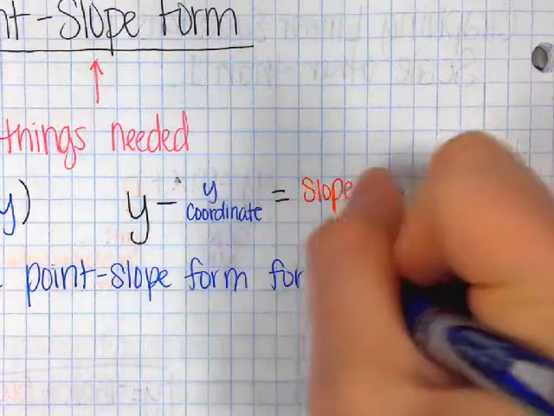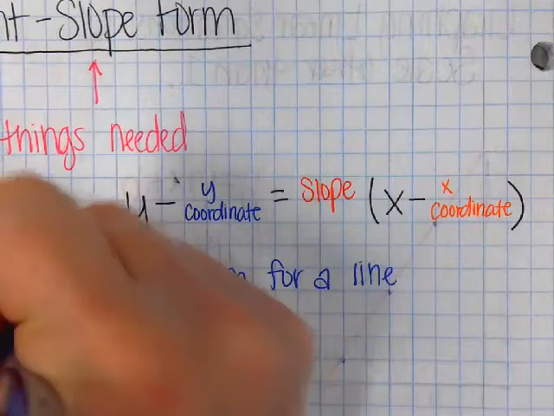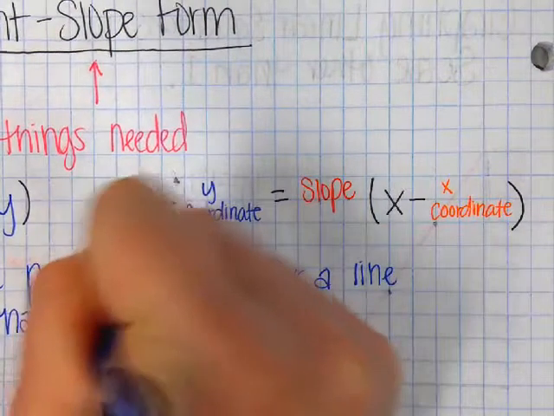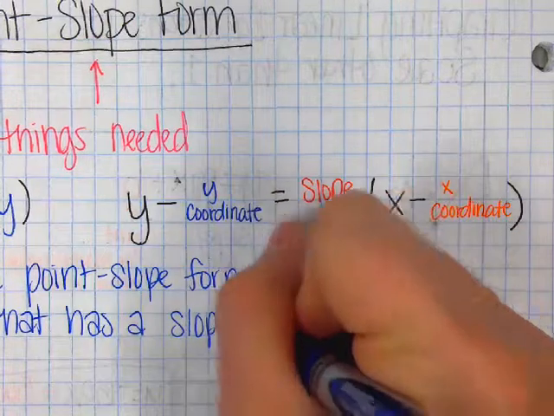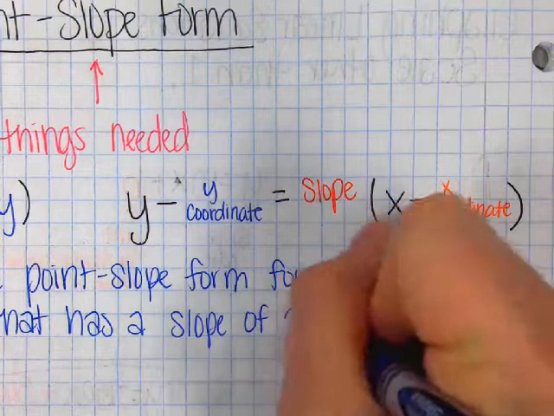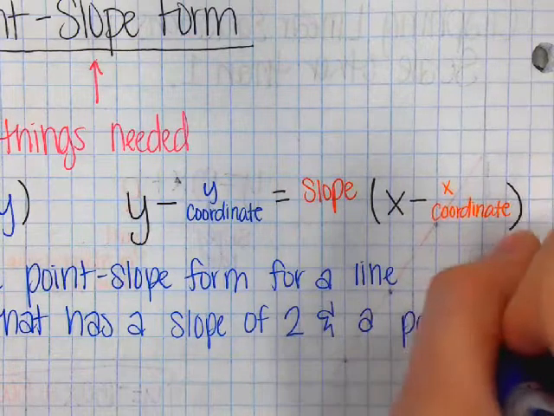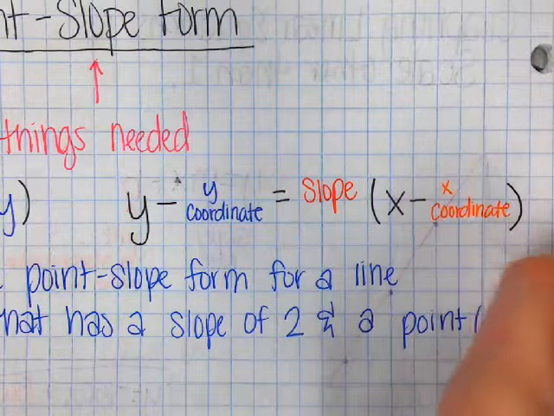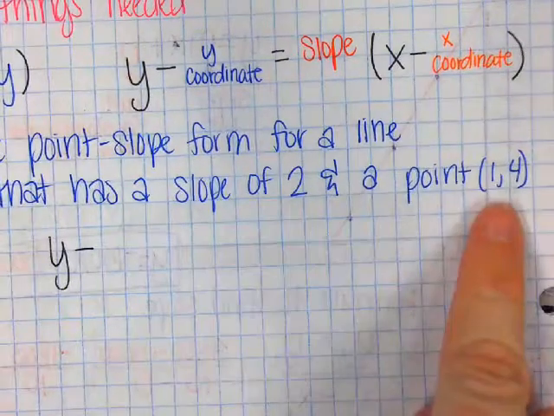So now, if I told you write the point slope form for a line that has a slope of 2 and a point at 1, 4. So it would be y minus the y coordinate of that point.